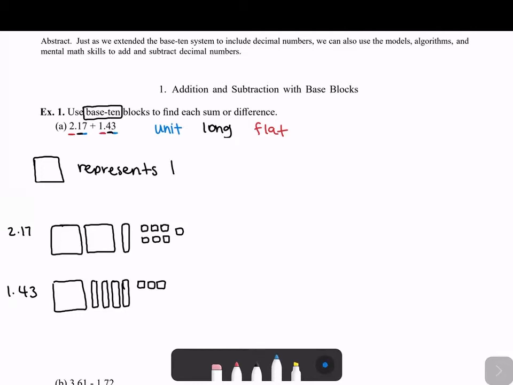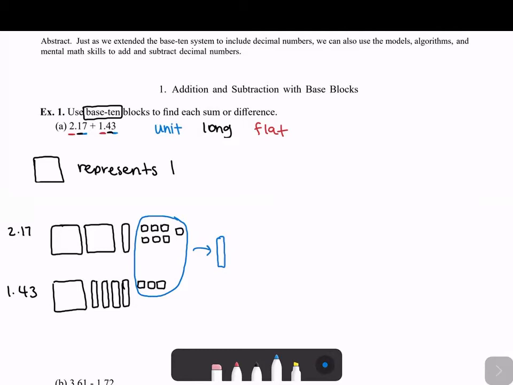So we're only going to deal with decimals in base 10, which means that when we regroup our base blocks, we can regroup 10 units. So we had 7 on the top, 3 on the bottom. So we regroup these 10 units into a long. And so now we have 1 long on top, 4 on the bottom, and then this one that we got through regrouping. So we have 6 longs, and we can't regroup that because we're in base 10. We need 10 to regroup.